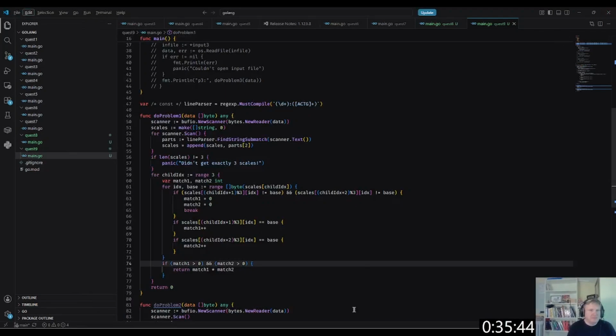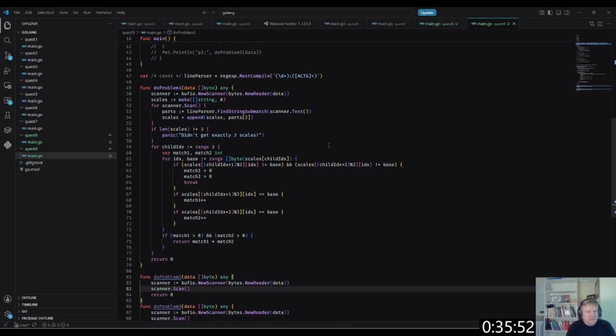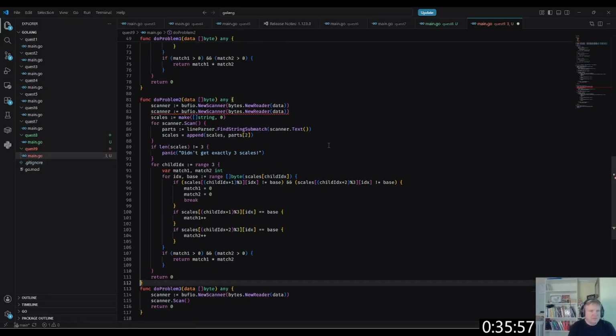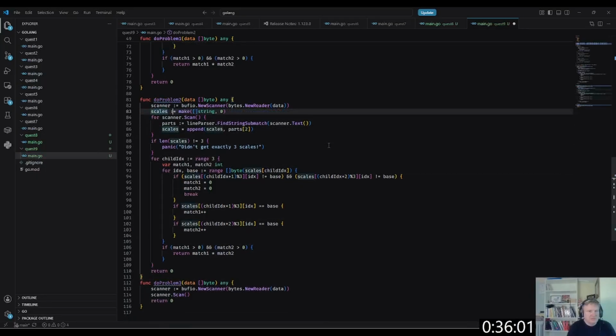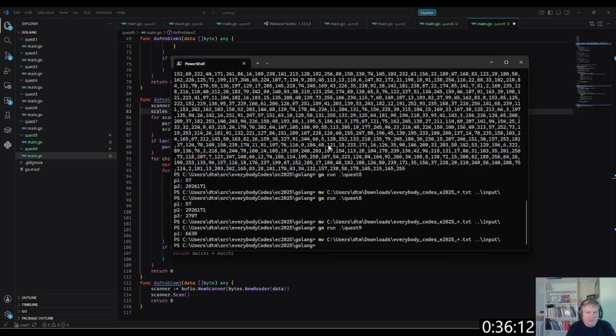So actually, the similarity, the index doesn't really matter, right?